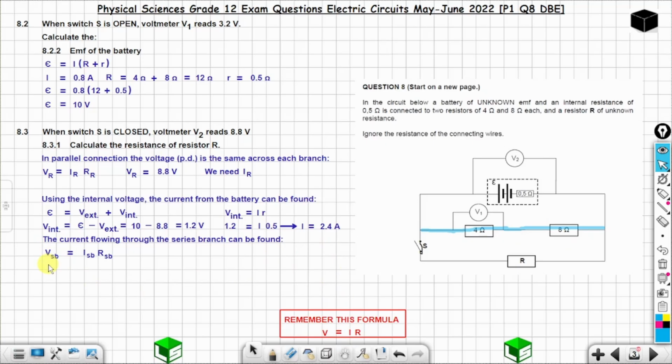The voltage on the series branch is equal to the current through the series branch times the resistance of the series branch.